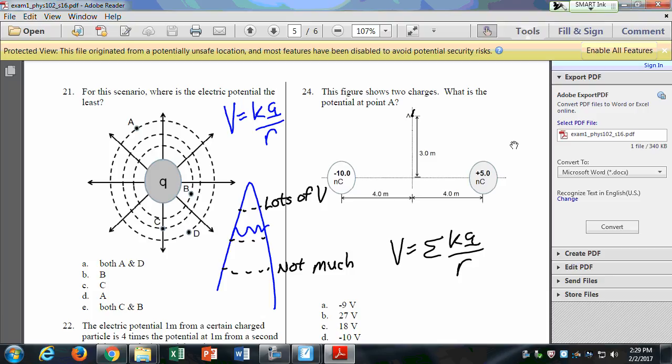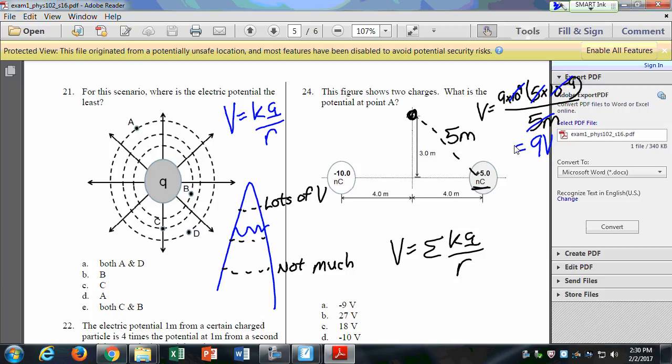At this point, the distance is 5 meters, and the potential just due to that 5 nanocoulomb charge would be 9 times 10 to the 9th, times 5 times 10 to the minus 9, that's my Q, divided by 5 meters, and that equals 9 volts.